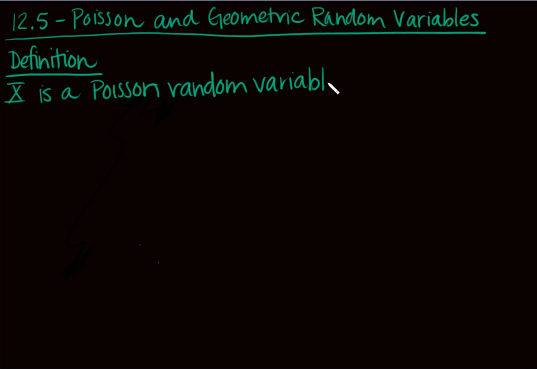X is a Poisson random variable if, and the idea here again, remember at the beginning of the section, we're talking about discrete outcomes. The only real difference between this section and what we've done before is that these outcomes could hypothetically go to infinity.